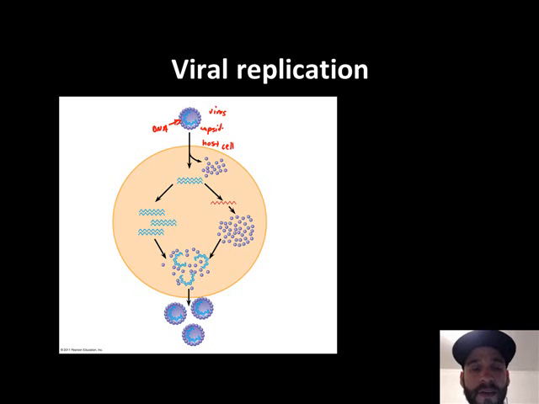Oftentimes you have what's called a lock and key fit, where, as we talked about, they have glycoproteins on the surface of these viruses, and that's going to interact with a protein on the surface of the host cell. The recognition between those two is going to allow this virus to enter. So as that virus enters the host cell, you can see that the protein from the capsid breaks down, and then here's the genetic information.